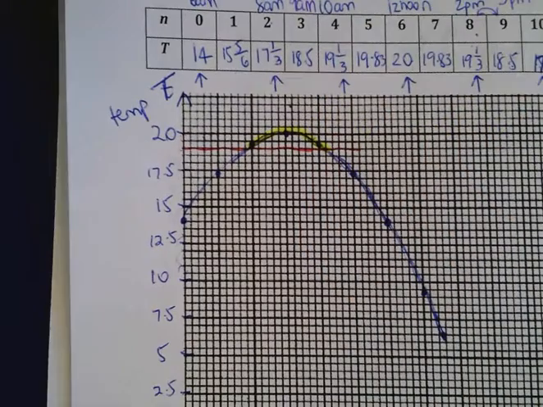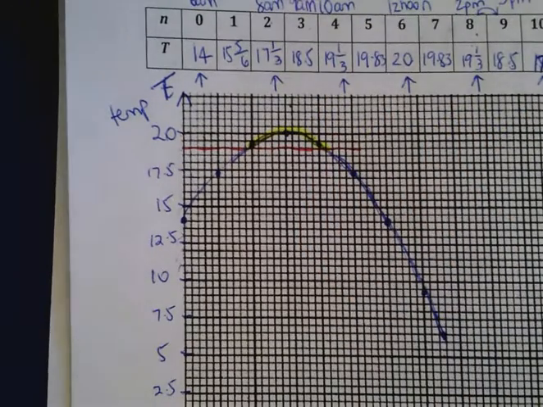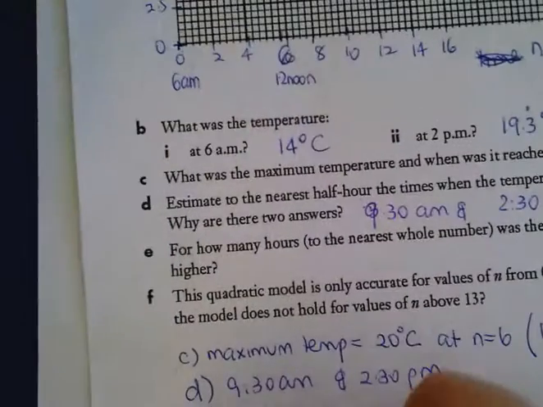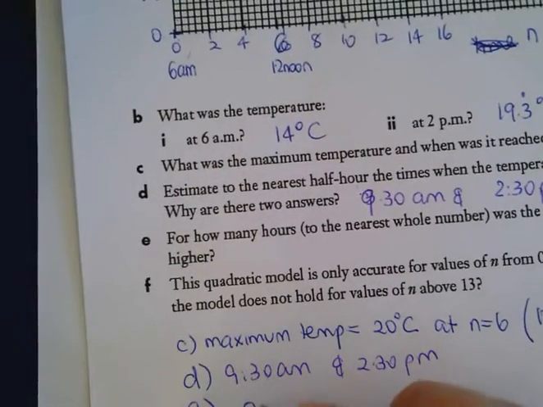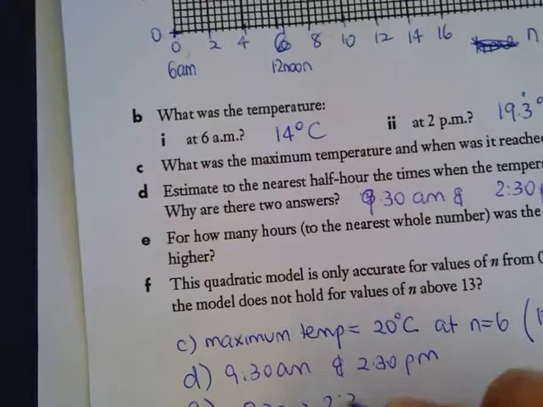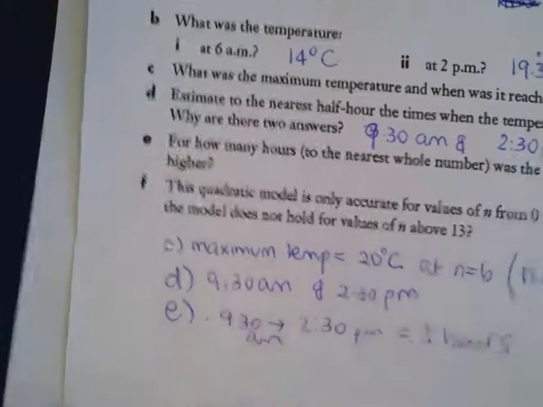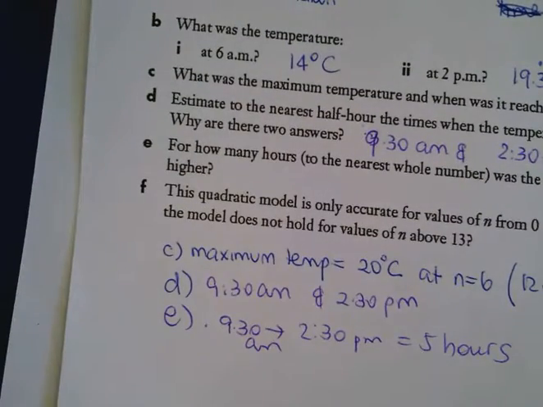We just worked out what those times were in the question before. So between 9:30 and 2:30, the temperature was 19 degrees or higher, so you've got to subtract those two times. From 9:30 to 2:30 is 5 hours. 10, 11, 12, 1, 2.